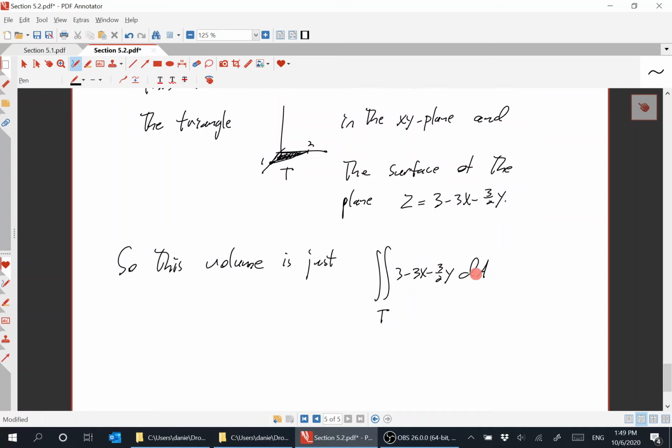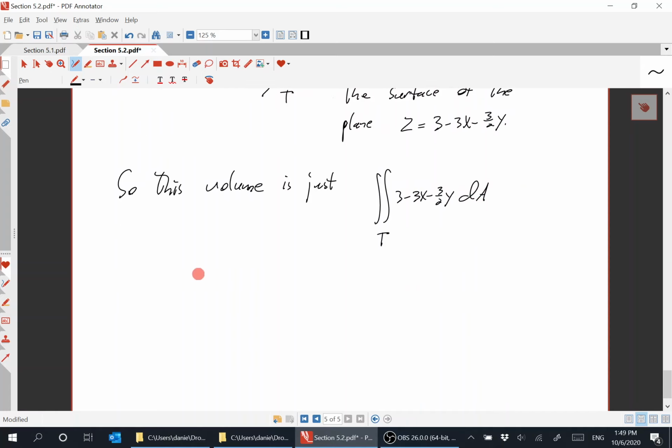Okay? So now what's that triangle? Let's take a look at that triangle. So this is x equal to 1, y equal to 2, and this is the line. What's this line? We can do this as type 1 or type 2. There's no real reason to do it both ways here.